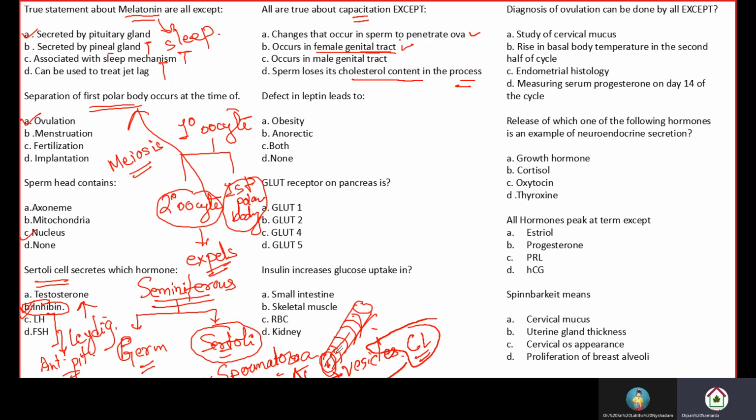Then when it is ejaculated into the vagina, it swims upward into the uterine cavity. After reaching the uterine cavity, it loses excess cholesterol and the membrane of the sperm head becomes weaker, because this cholesterol was responsible for protecting the head of the spermatozoa.